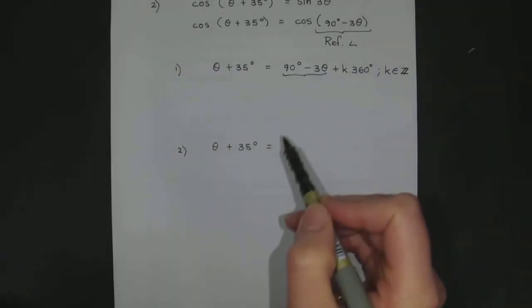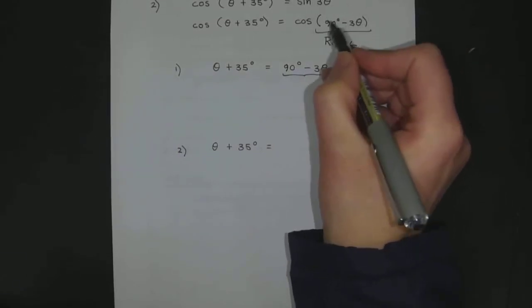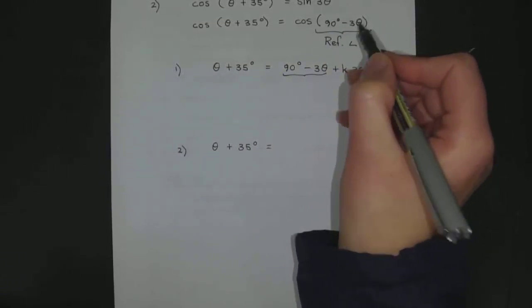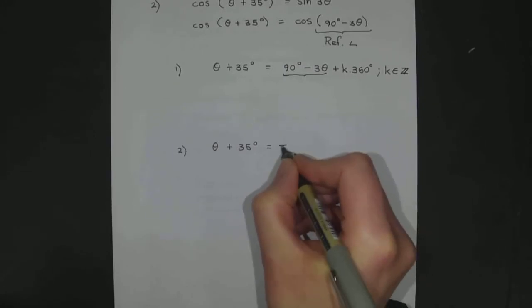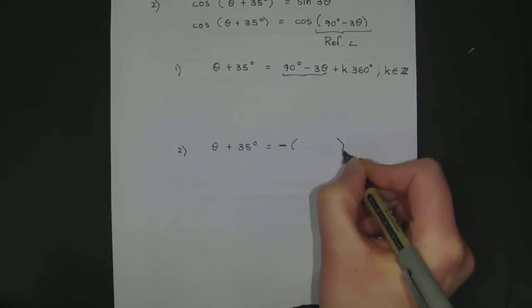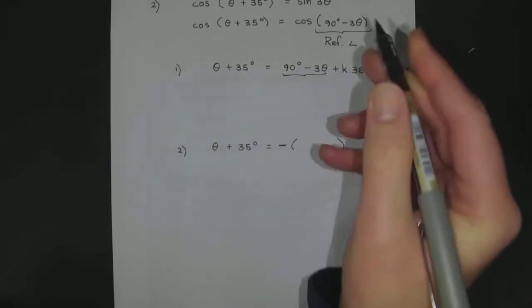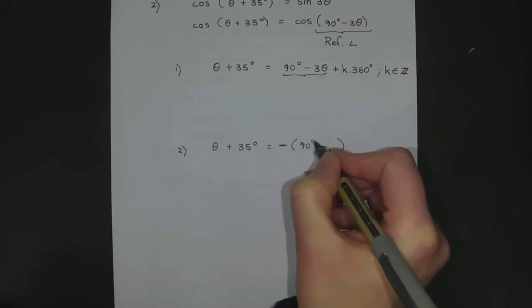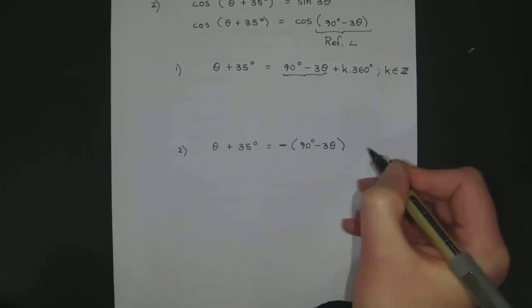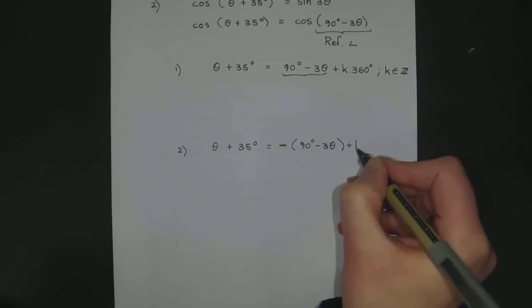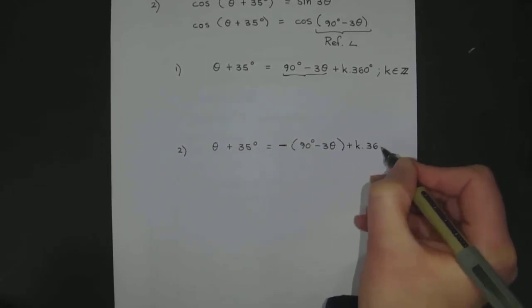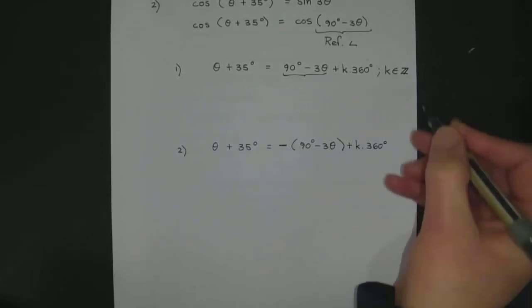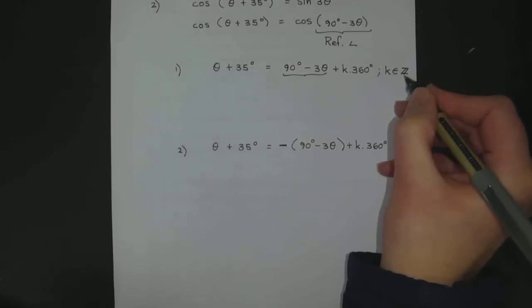And because this is a polynomial, meaning it's got two terms, I have to put a bracket around it. So I have to put minus the reference angle. And in this case, the reference angle is that 90 degrees minus 3 theta. And then the rest of the general solution, plus k times 360. You don't really have to put the k element of integers again because I've put it over there.